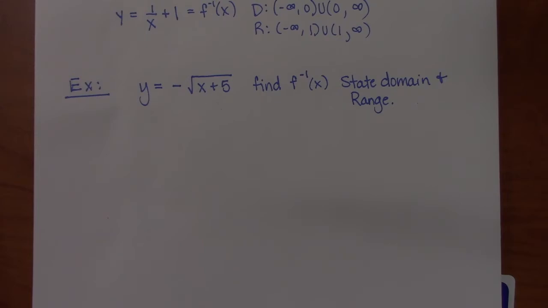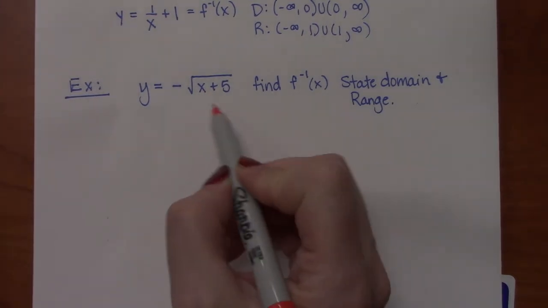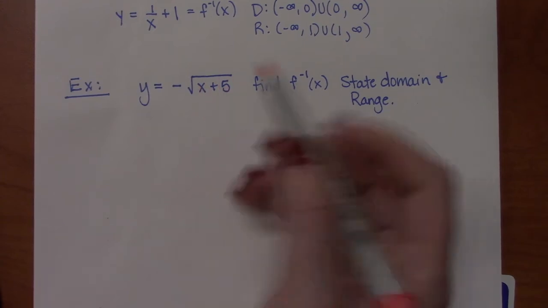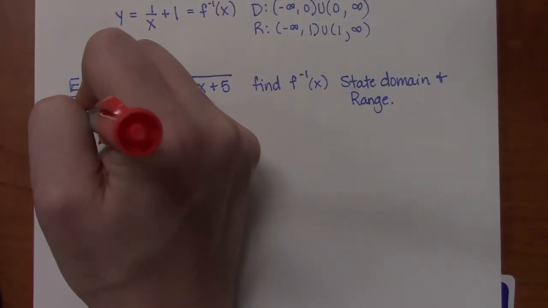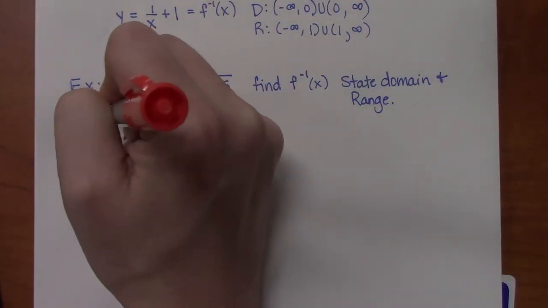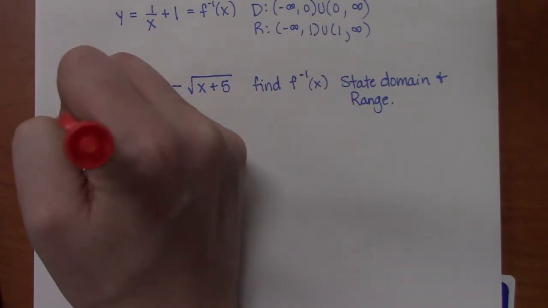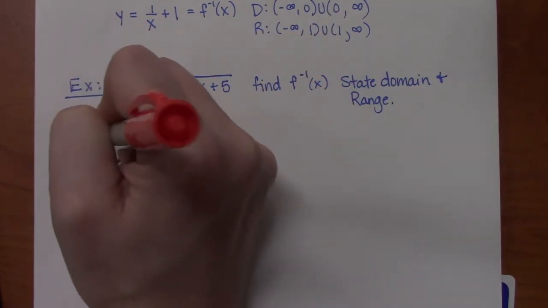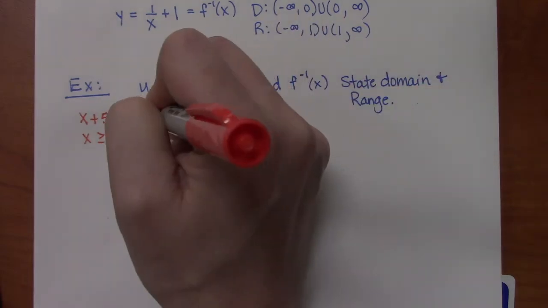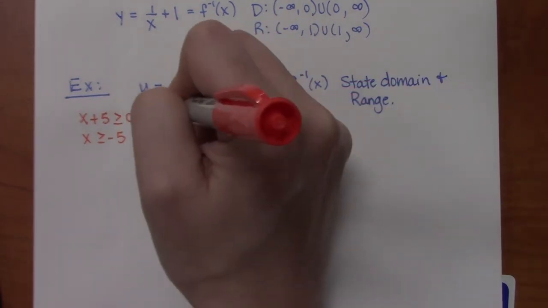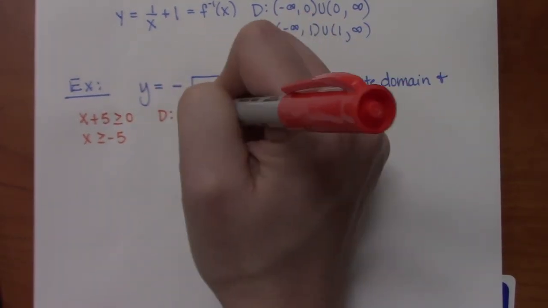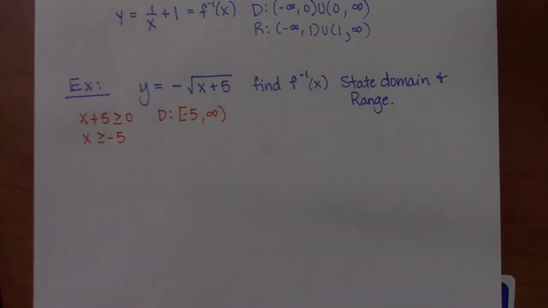So if we want to know what the domain of this function is, we could try graphing it, or we could set the inside, everything inside the radical has to be greater than or equal to 0. So x is greater than or equal to -5. So the domain is -5 included up to positive infinity.